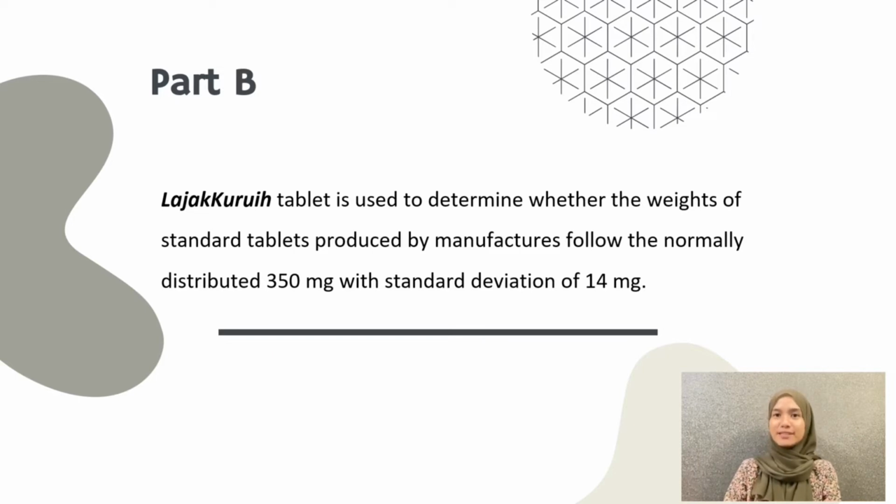LAJAK KURUIH tablet is used to determine whether the weight of standard tablets produced by the manufacturers follow the normally distributed 350 mg with the standard deviation of 14 mg.